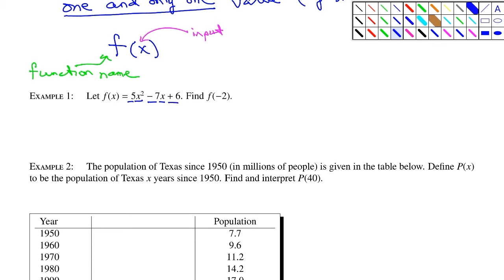And that's what this function does. Takes the input, squares it, multiplies it by 5, subtracts 7 times the input, and then adds 6 to the end.